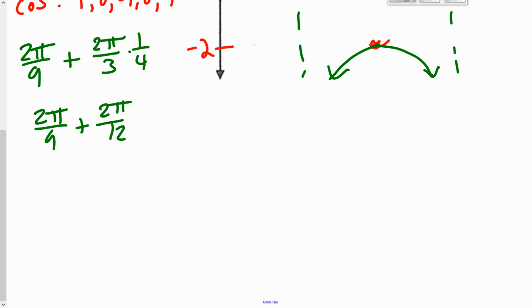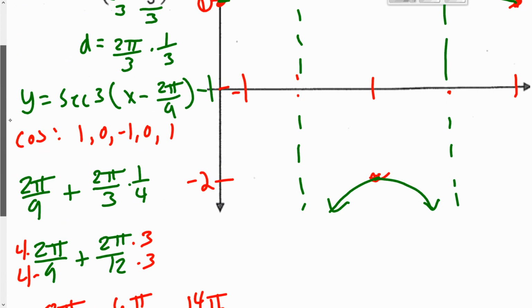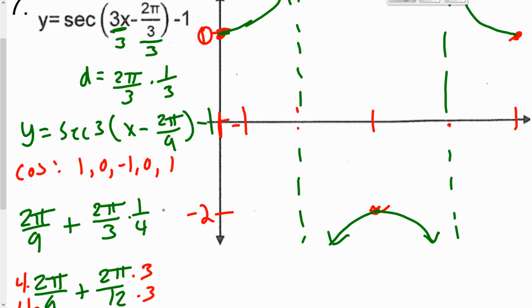Now we need a common denominator, right? So, what's that? 36. So I gotta multiply this one by 4, top and bottom, and this one I gotta multiply by 3, top and bottom. So we get 8 pi 36ths, and I get 6 pi 36ths. Okay, now we can add them and we get 14 pi 36ths. So we start at our d, which is 2 pi ninths.